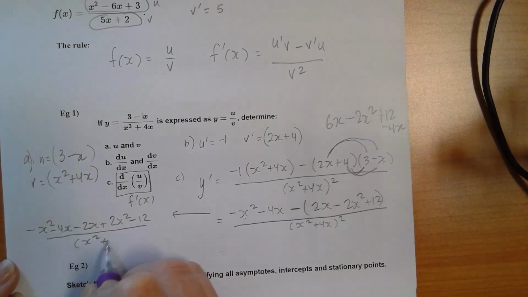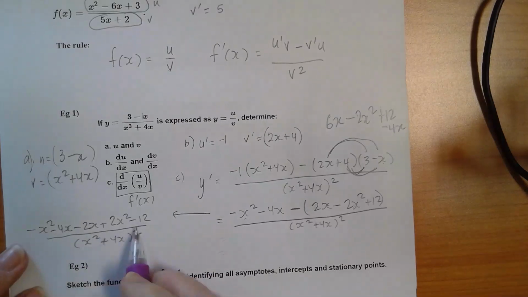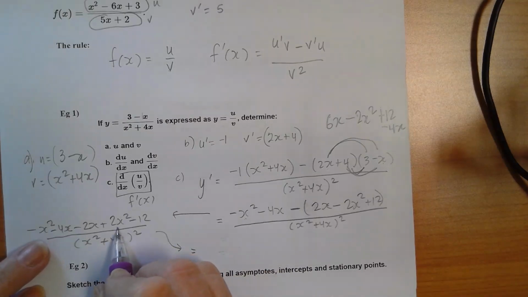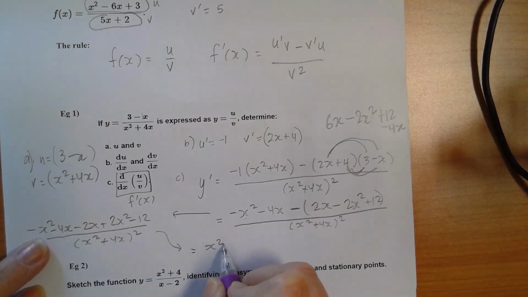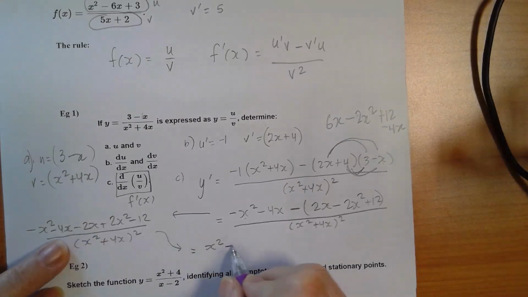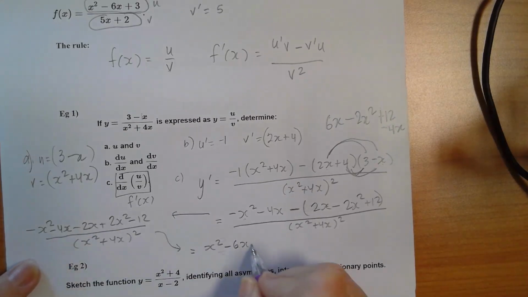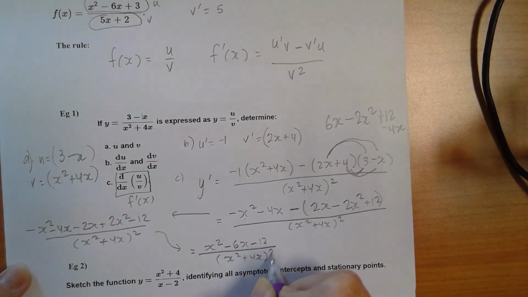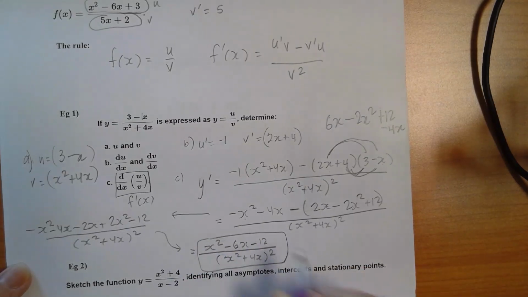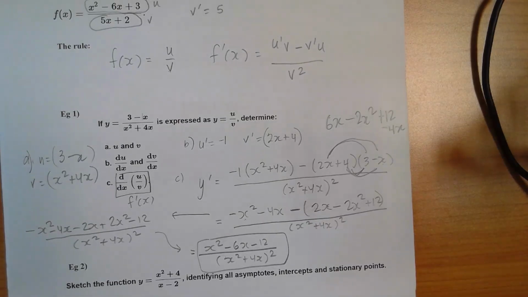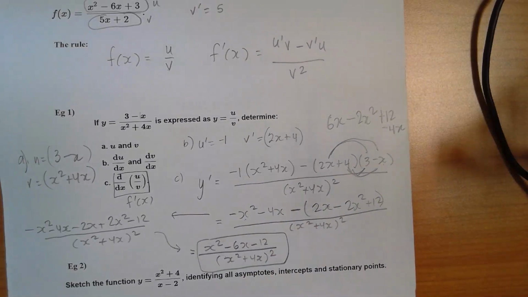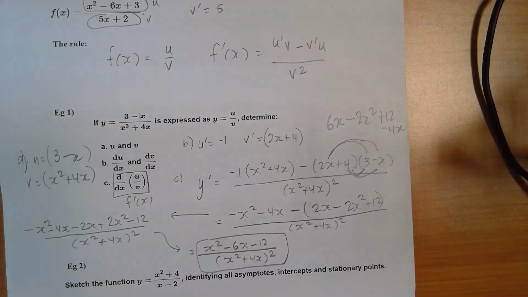If I simplify that, these two combined give me x squared, these two combined give me negative 6x, and then minus 12. That's probably the answer that would be in the back of your book. But on a test, I think this is a pretty good answer, and on your exam, it probably will say don't simplify.